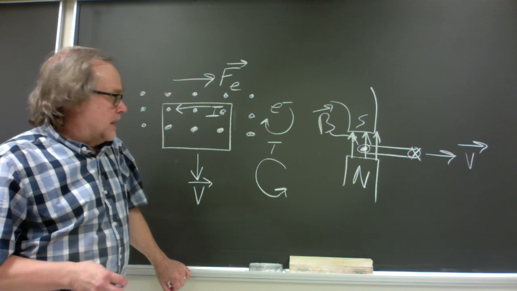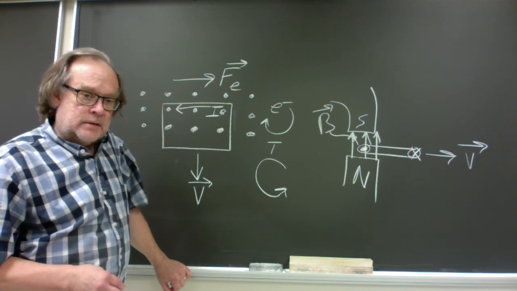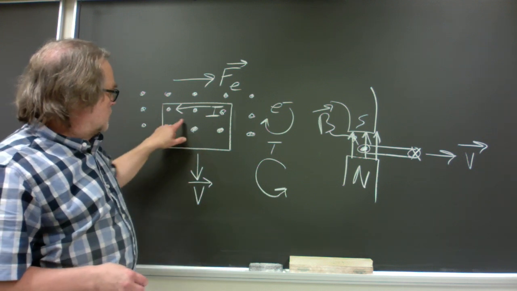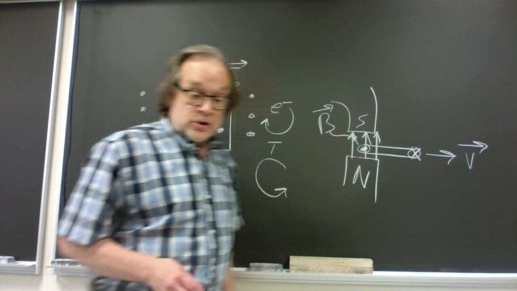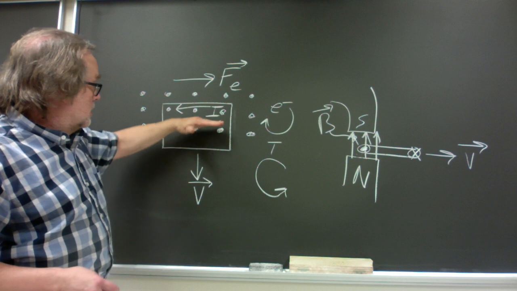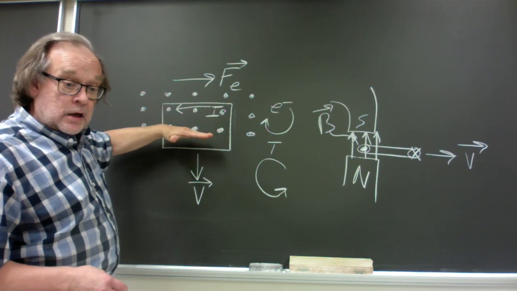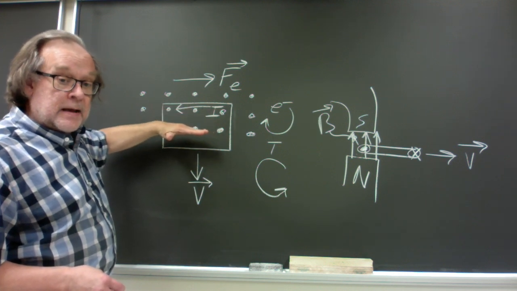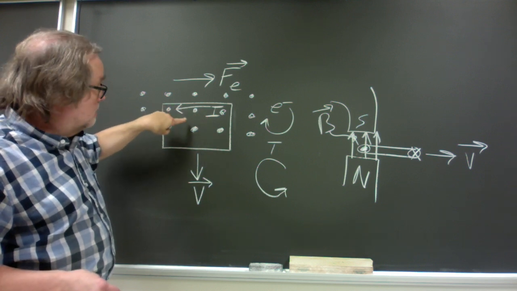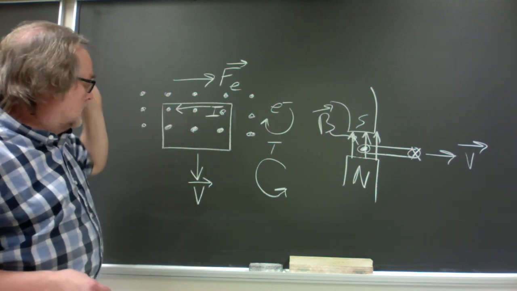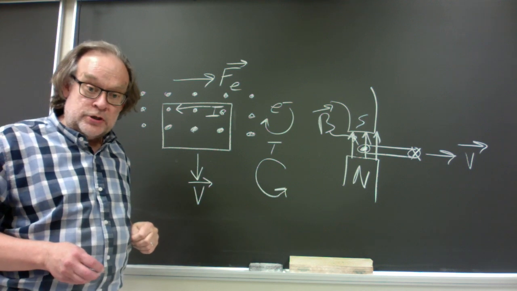Okay, that's the idea. And notice what was actually changing in this part and in this part. What was actually changing was the amount of loop area actually inside the field region.